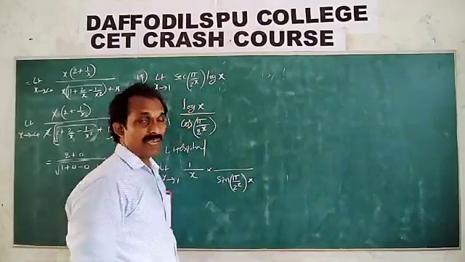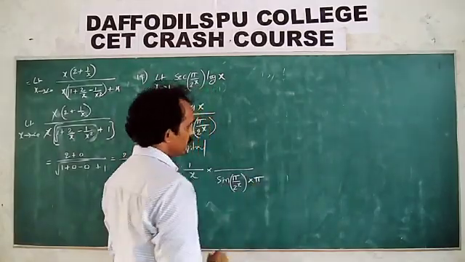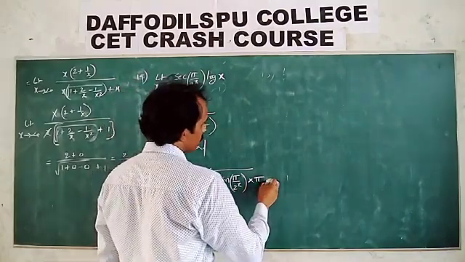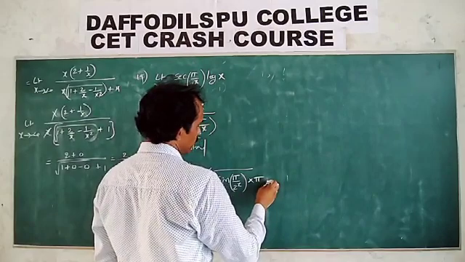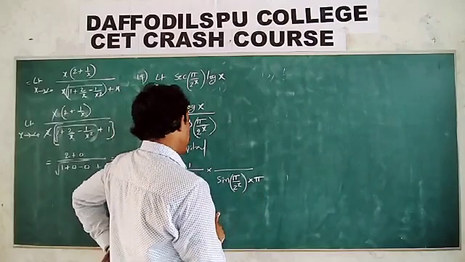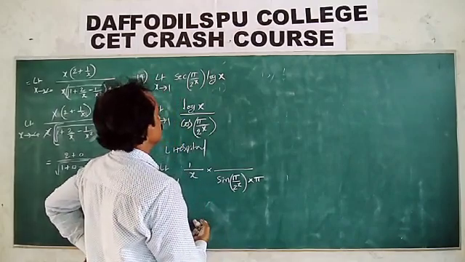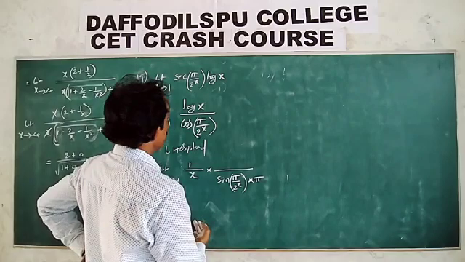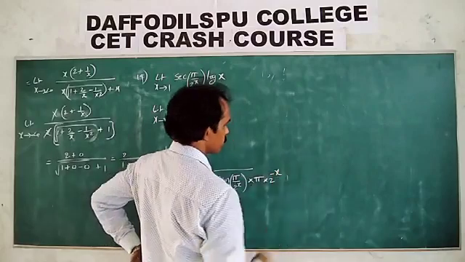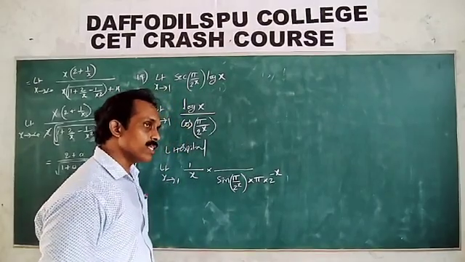Pi is constant, so pi by 2 power x can be written with the 1 by u formula, or another method: suppose 2 power minus x, its derivative means 2 power x into log 2.